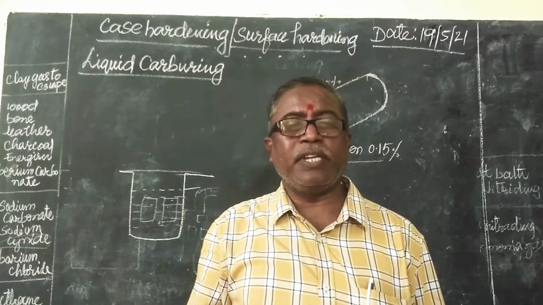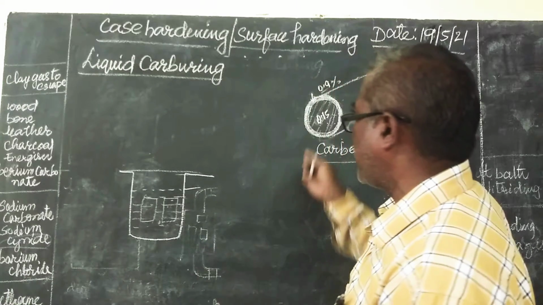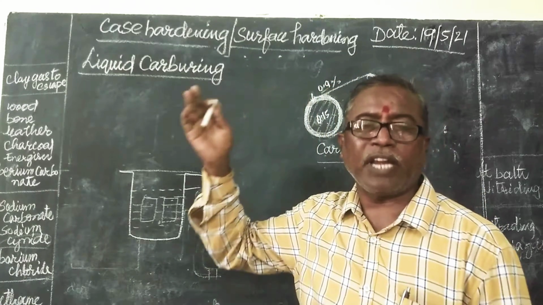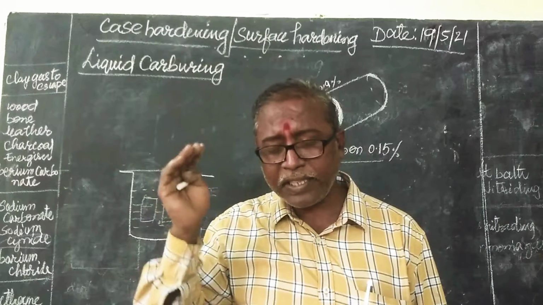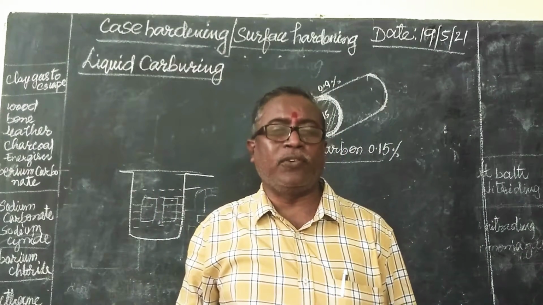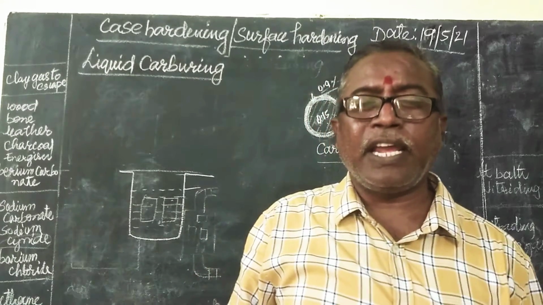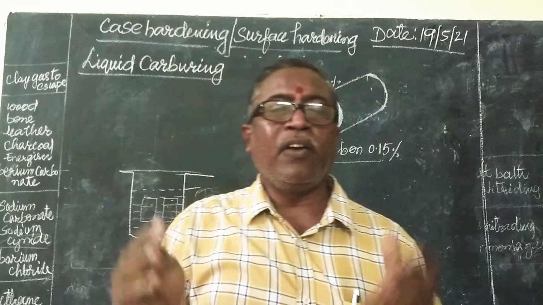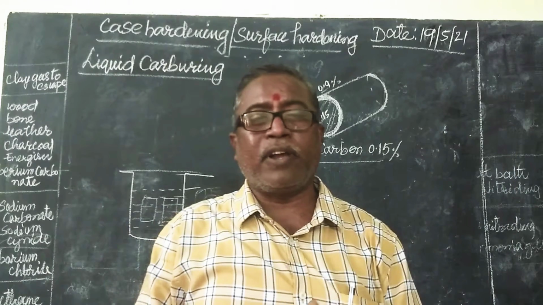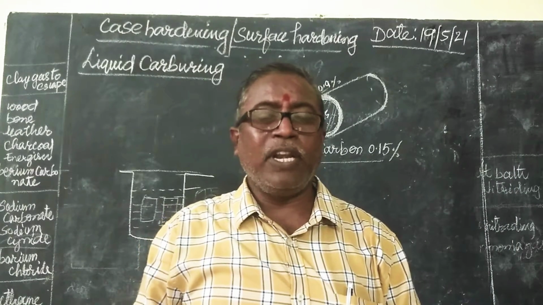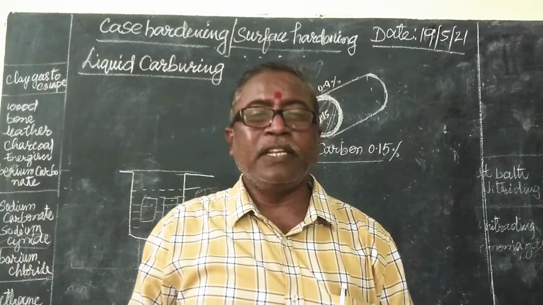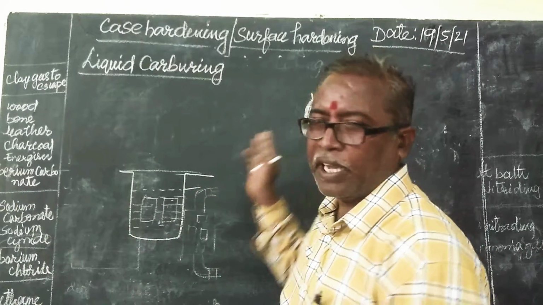After quenching, the carbon percentage of up to 0.9 is obtained. Why is this 0.9 needed? It becomes wear resistant. Whenever we want to use that material, it will not wear. In that case, this case hardening will be done.